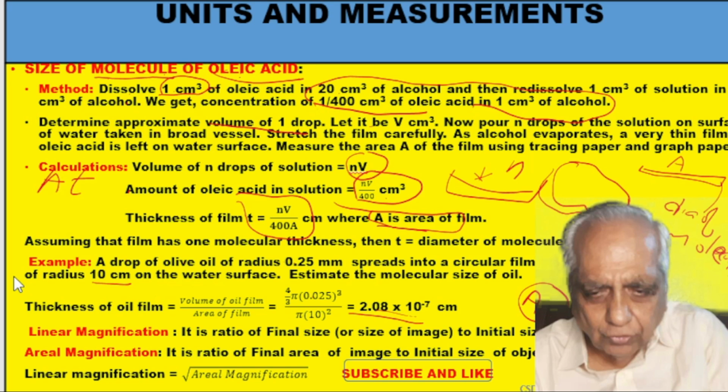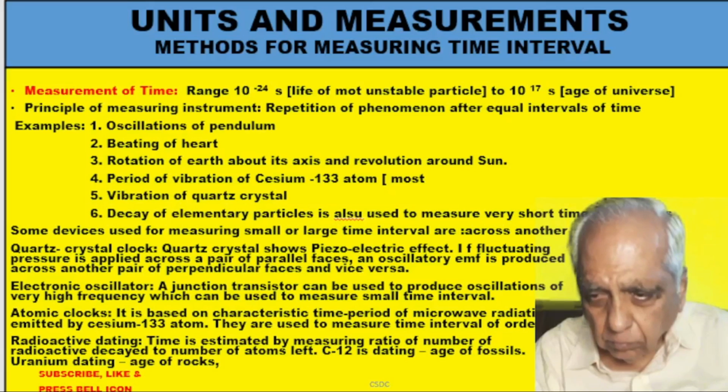Area A2 upon area A1 is called areal magnification, the ratio of the final area of the image or body to the initial. Linear magnification would be the square root of areal magnification. If areal magnification is 49 times, the area is 49 times more, so length is 7 times more, breadth is 7 times more. So linear magnification is 7.